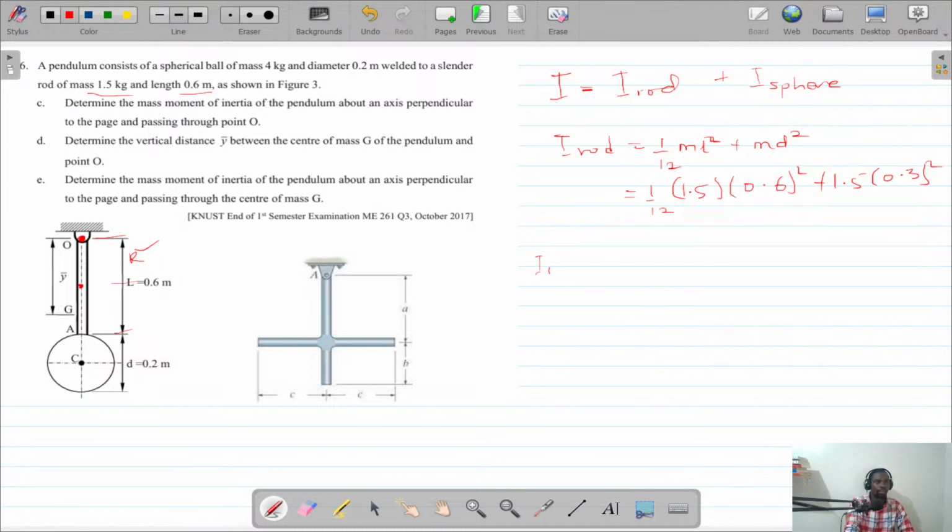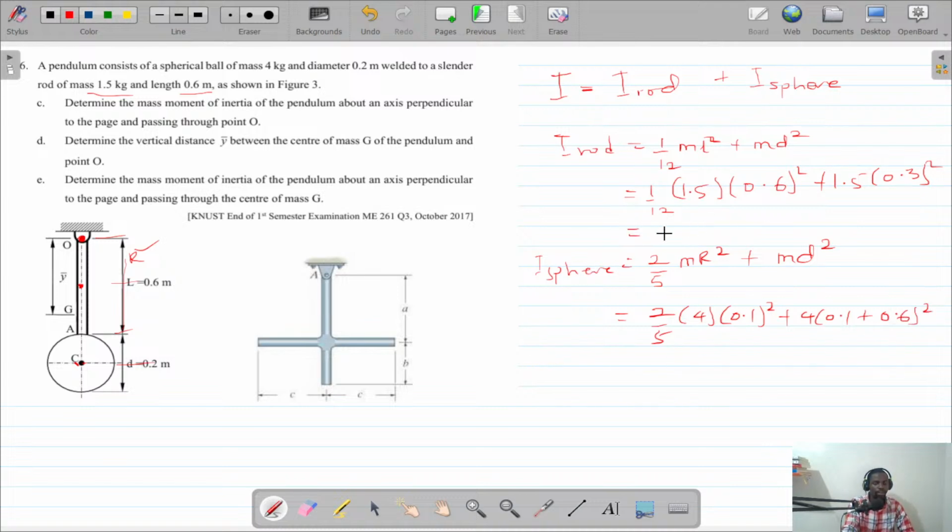And then I of sphere will be equal to, the moment of inertia for a sphere about the center is 2/5 mr squared, plus what's md squared. Now this time your d is going to be half diameter plus the L. So we have 2/5, the mass is 4, the radius is 0.1 squared plus 4, and the d is what? 0.1 plus 0.6 squared.